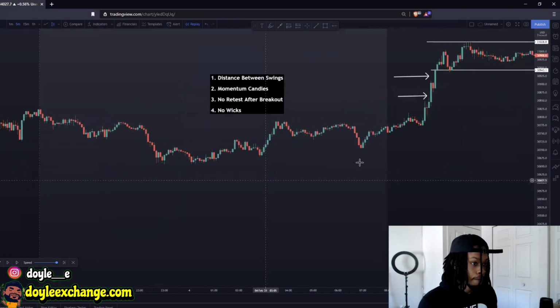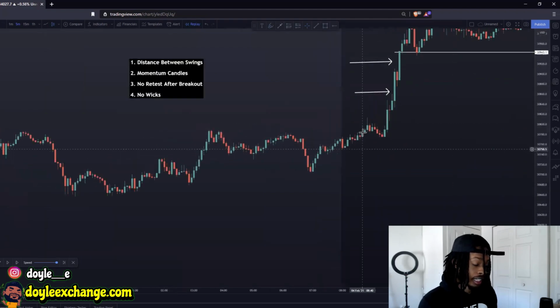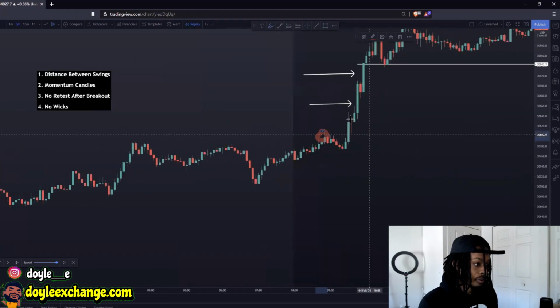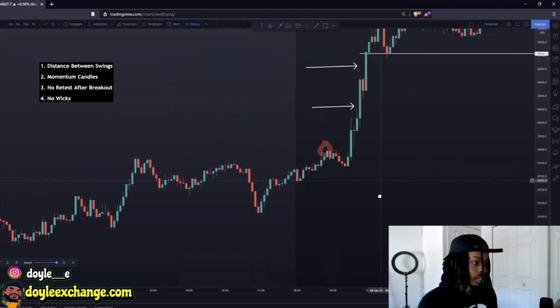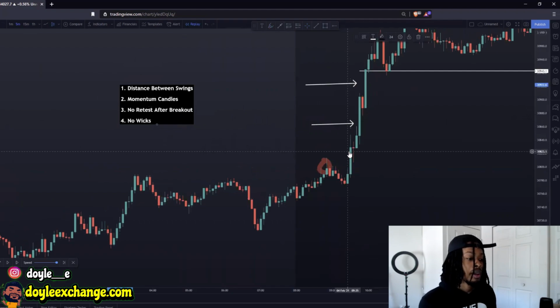Okay. All right. So that kind of looks identical to the next setup. So we have a swing high right here, and it breaks out. This one little candle is a little pullback, but you see how small the pullback is before it shot up, and then we have another momentum candle.